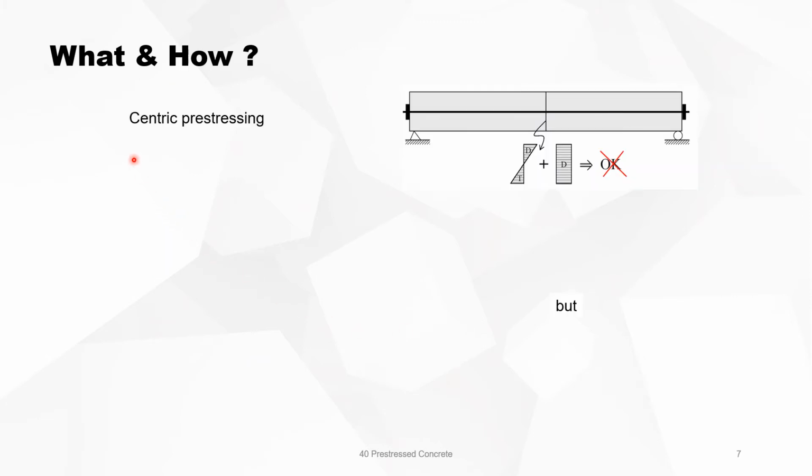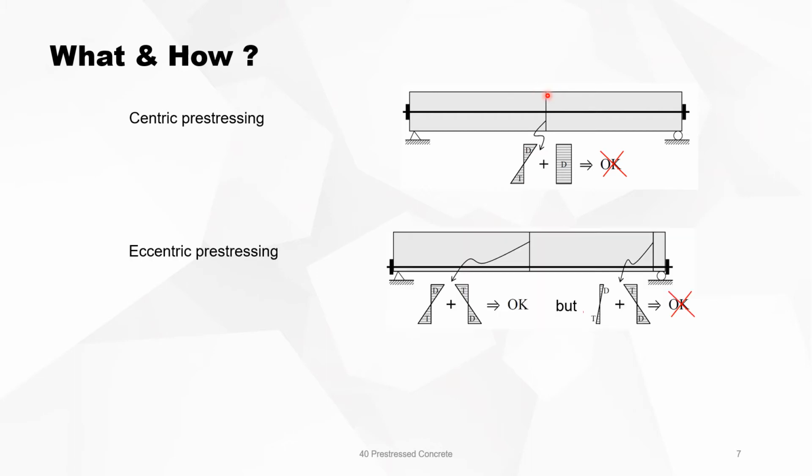To explain this a little bit better, if you have an isostatic beam with centric pre-stressing, then you will see in the middle that you will have compression, and you will have at the top fiber too much compression. So that's not very economic to do. You can now use eccentric pre-stressing, then you will see in the middle it will be fine, because you generate stresses which are compensating the actual stresses.